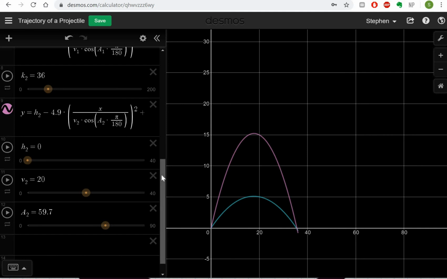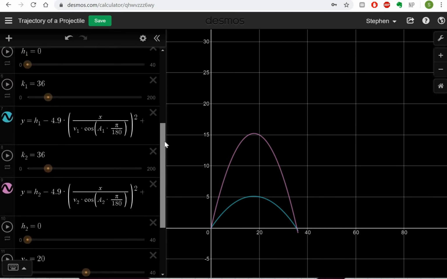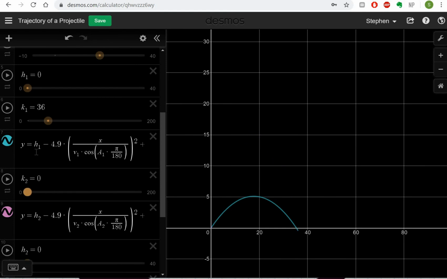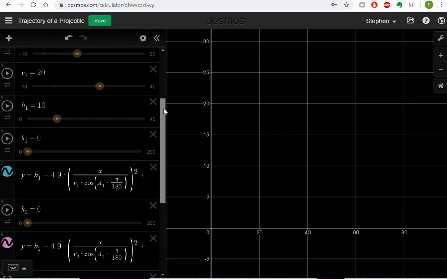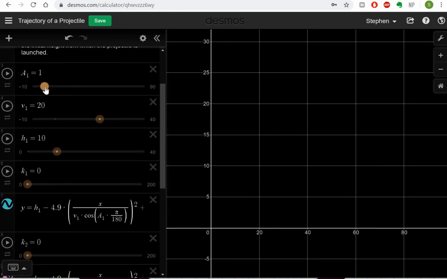Now, in harder problems, sometimes things are fired not from ground level, but from up higher. So let's take our parabolas away, and let's say our first parabola is actually shot from 10 meters above the ground. Now, sometimes they might be fired straight out, so at no angle, an angle of 0 degrees. So let's see what that would look like. Just half of a parabola, right?